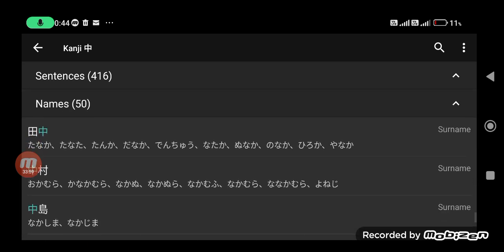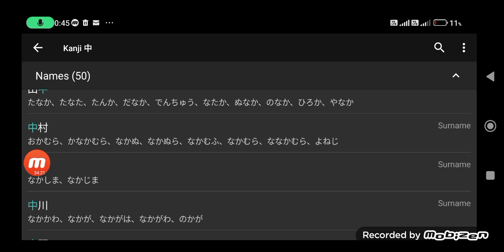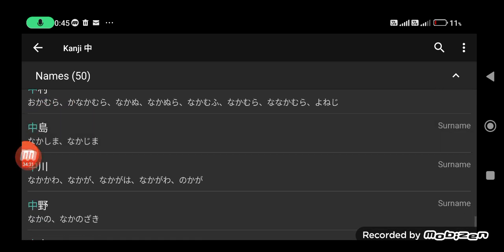Okay, for names, jinmeiyo, our subject kanji is usually naka. Oftentimes it will have the reading naka when it comes to names. Just like here, Tanaka. Or this is Nakamura.